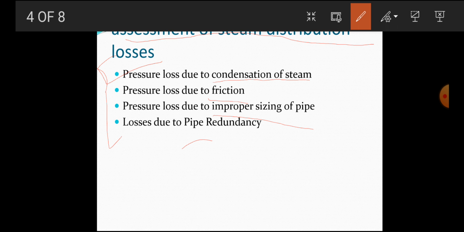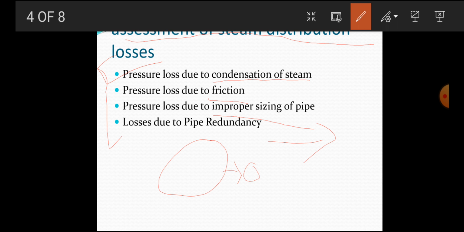Steam has a very great volume while condensate has a very small volume, and this causes a pressure drop, which causes the steam to flow through pipes.